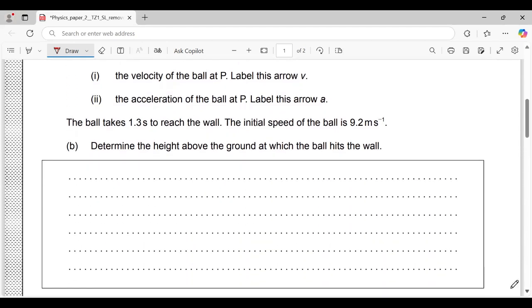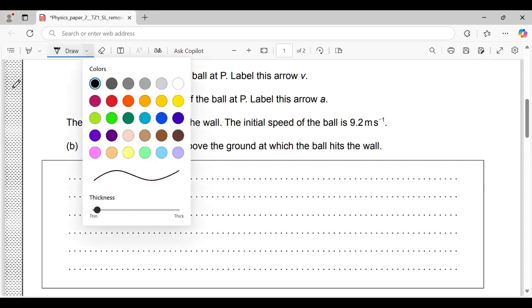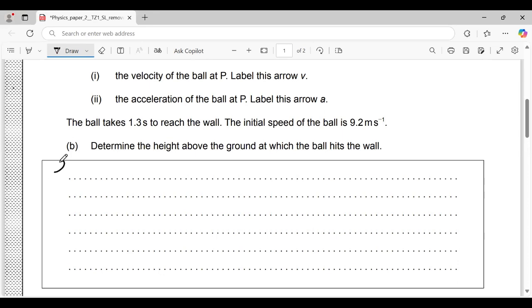Okay, so I'm going to identify first that the initial height h0 is 1.8 meters, and the distance from the wall is 8.0 meters. The angle theta is 48 degrees, and the time to reach the wall is 1.3 seconds.